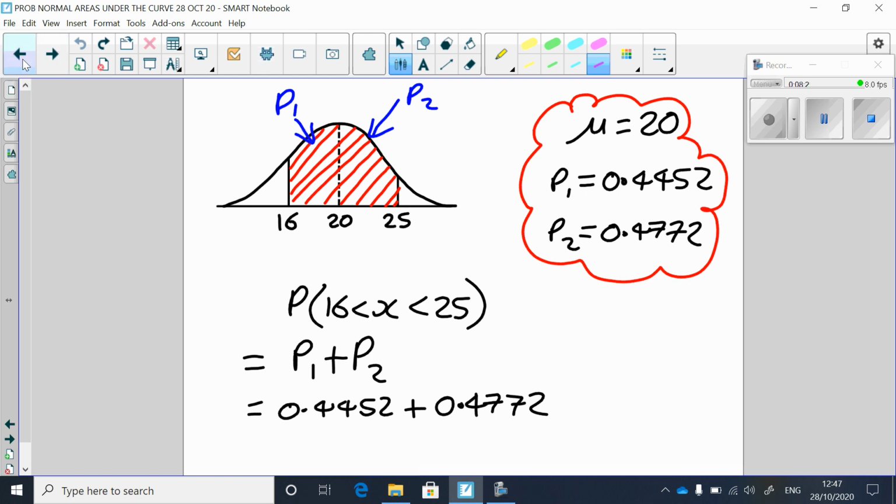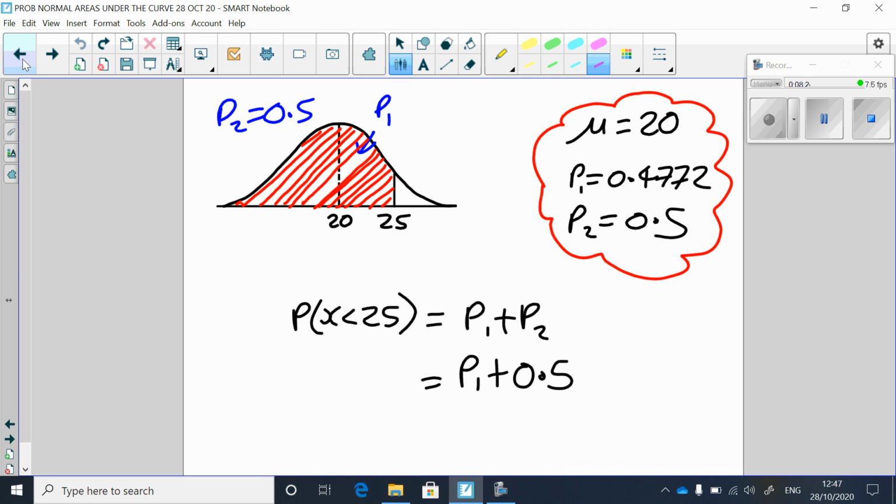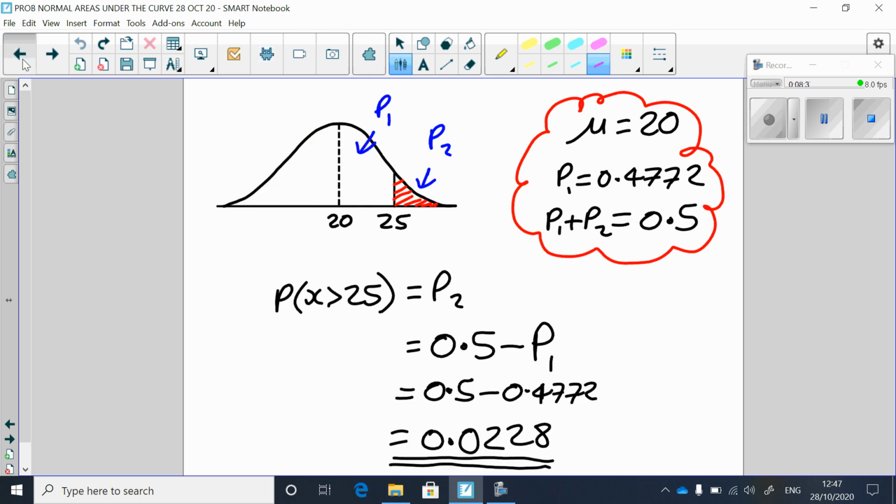Here, P1 you get from the table because it's coming away from the right of the mean, and P2 was a half. Here it's a tail ender, and tail enders, i.e. the highlighted part, are always a half takeaway. P1 comes from the table because that's between 20 and 25. Anything that comes immediately to the right and left of the mean, that's a table job.